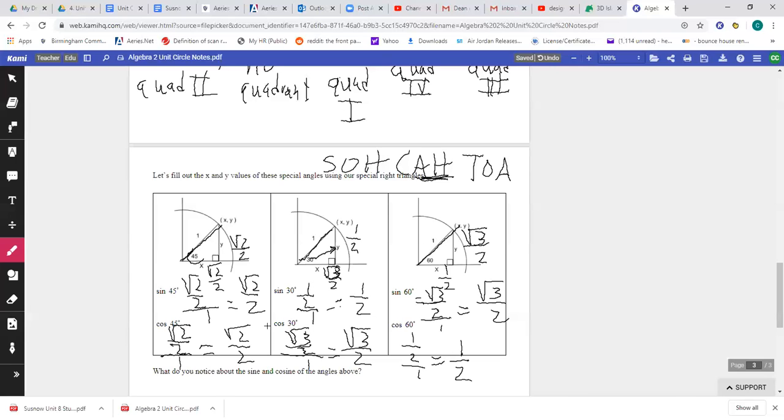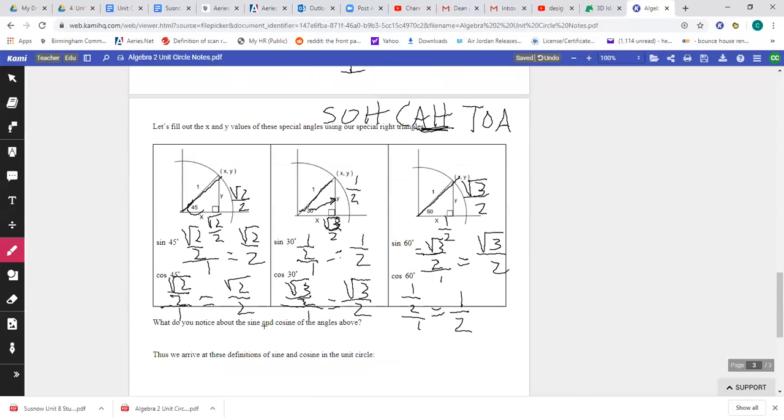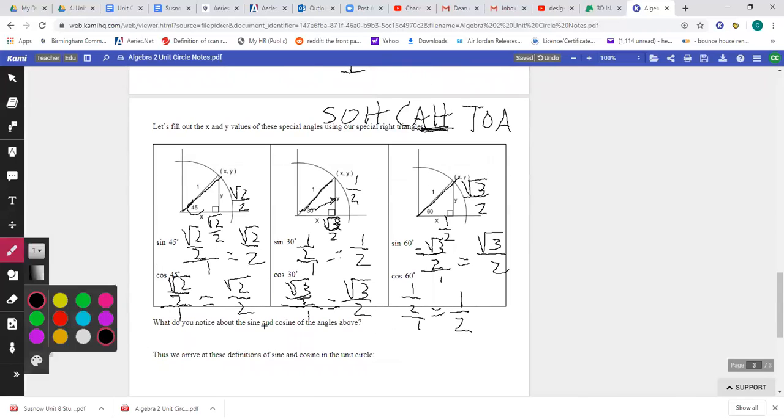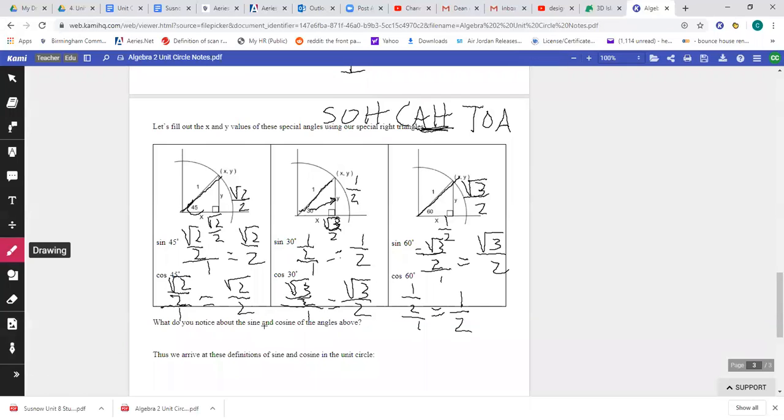However, what you see here is that the hypotenuse is always 1, which means look at the sine.